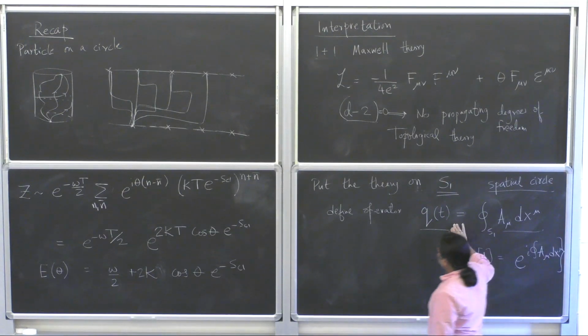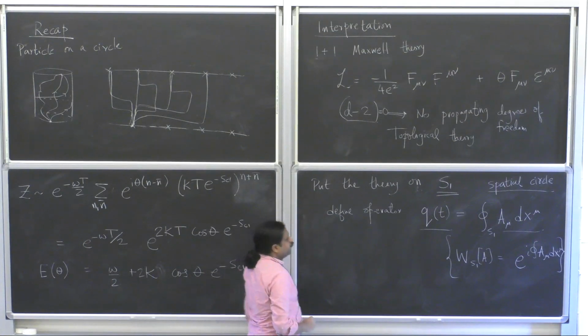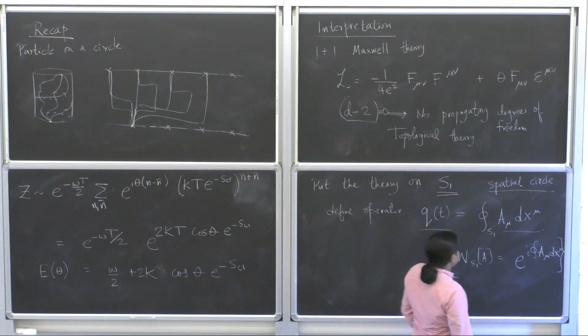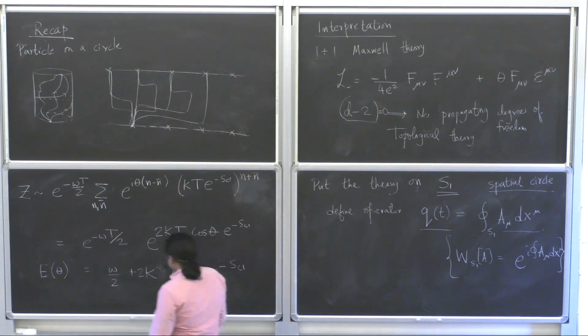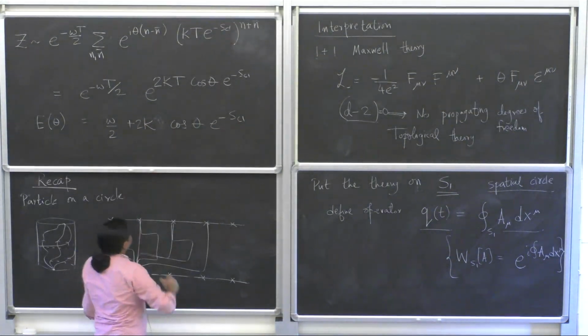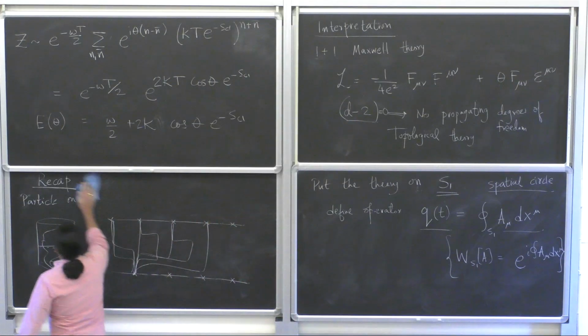Now once we compactify the theory on this circle, we end up with a 0 plus 1 dimensional theory. The 0 plus 1 dimensional theory is nothing but the quantum mechanics that we started with. So indeed, the 1 plus 1 Maxwell theory is exactly the theory that we have been discussing.